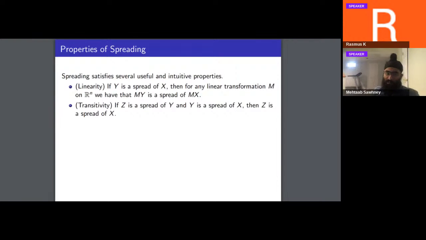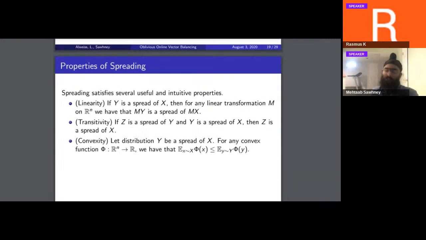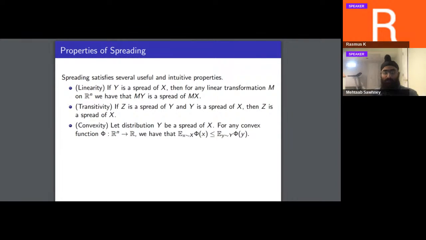Then there's transitivity. If z is a spread of y and y is a spread of x, then z is a spread of x. This just follows by checking the definitions. Third, and most crucially, the reason you define spreading is that it acts very nicely with convex functions, that is, majorization over convex functions.